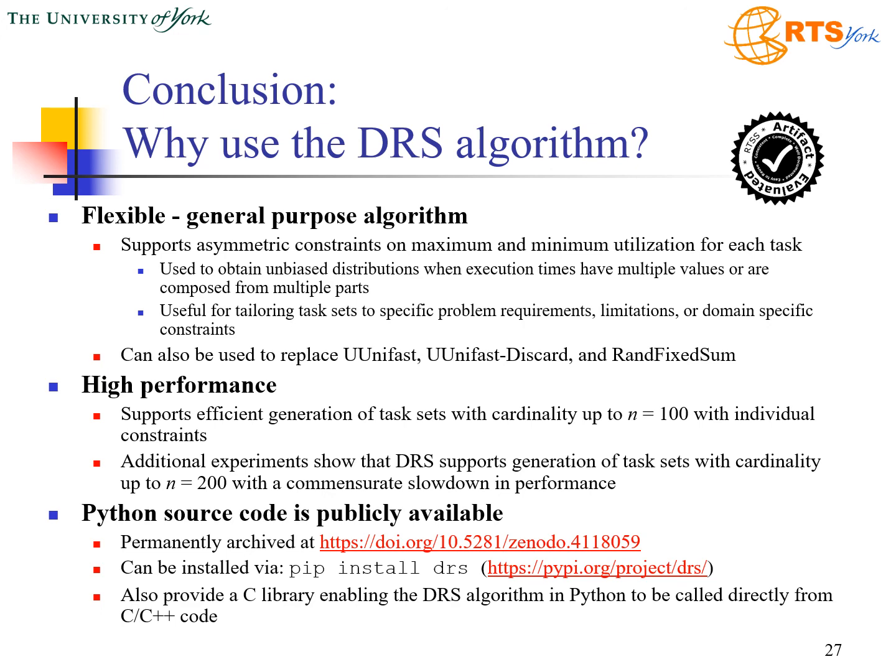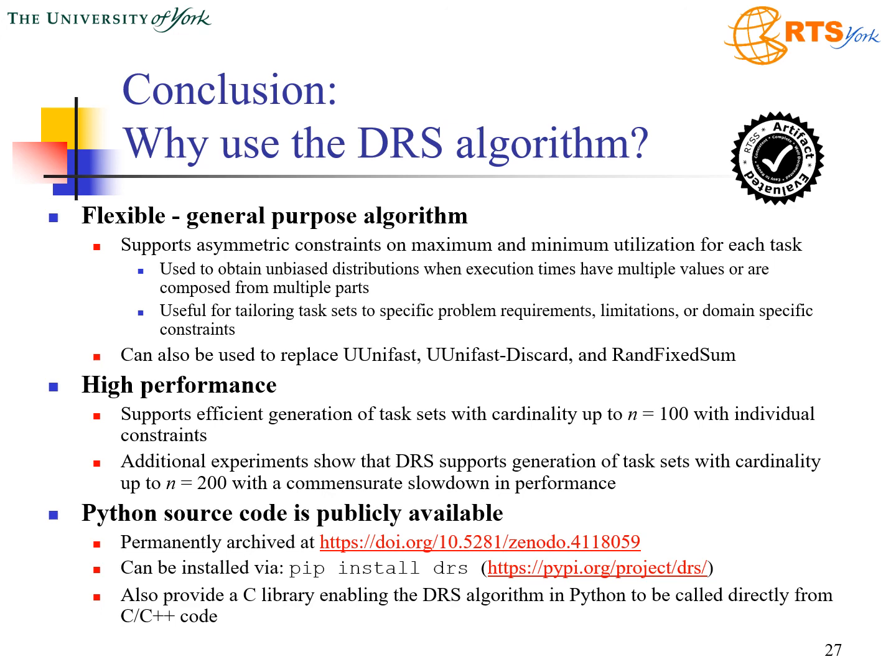It can be used to obtain unbiased distributions when execution times have multiple values, for example in the mixed criticality case, or are composed from multiple parts, for example in the multicore case. DRS is useful for tailoring task sets to specific problem requirements, limitations, or domain-specific constraints. It can also be used to replace UUnifast, UUnifast discard, and RAND-fixed sum.